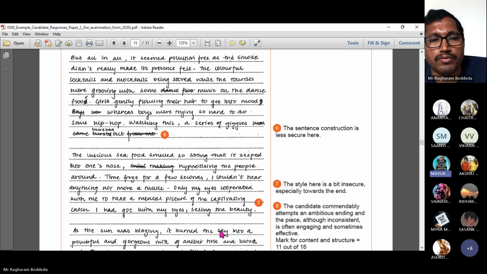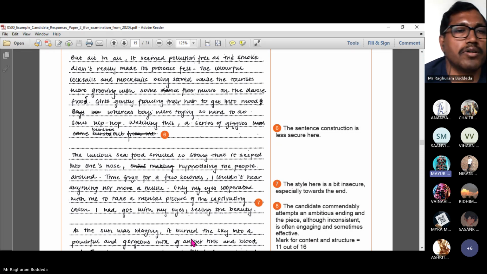Yes, sir. But all in all, it seemed pollution free as the smoke didn't really make its presence felt. The colorful cocktails and the mocktails were being served while the tourists were grooving with some music on the dance floor.